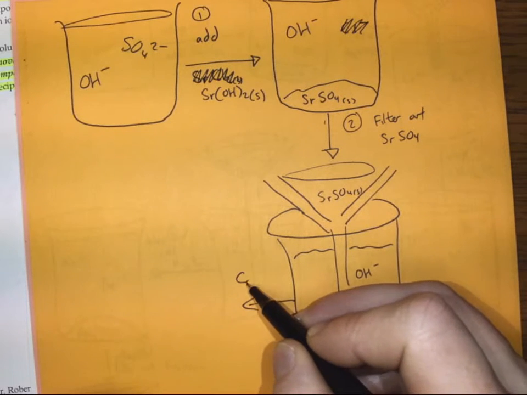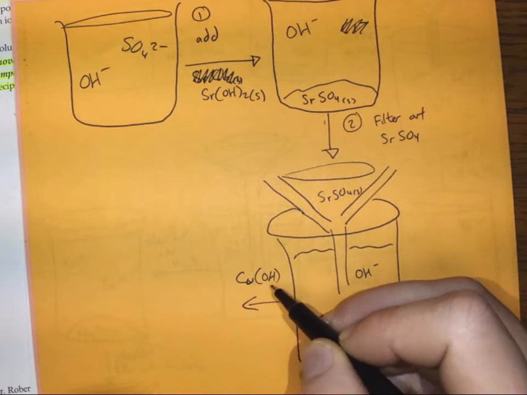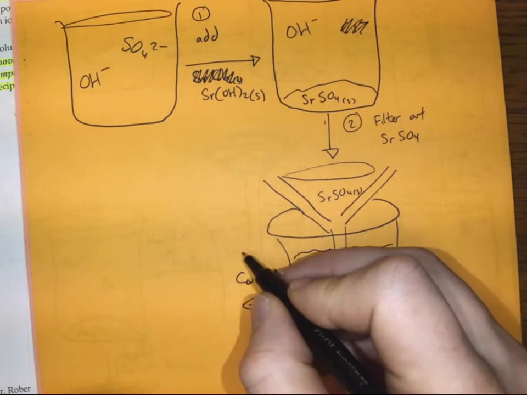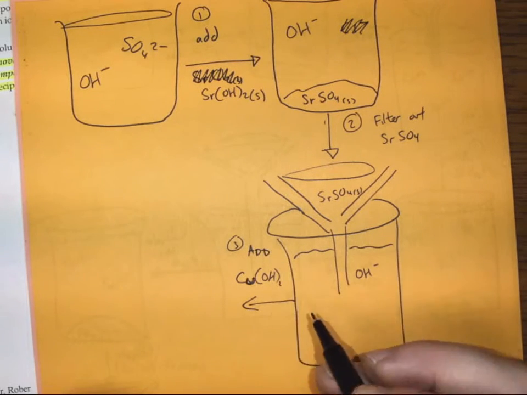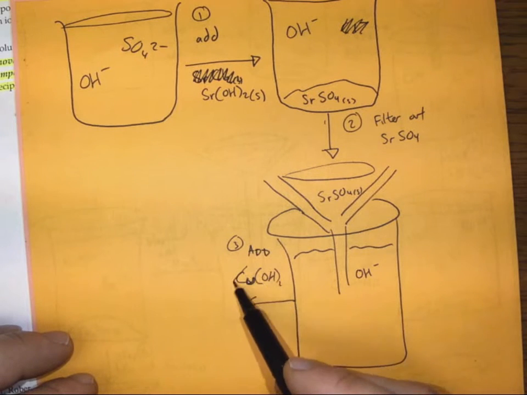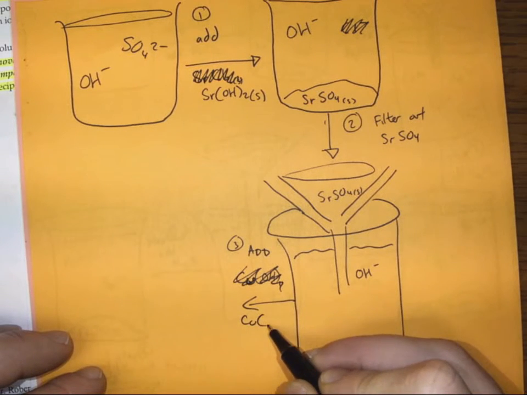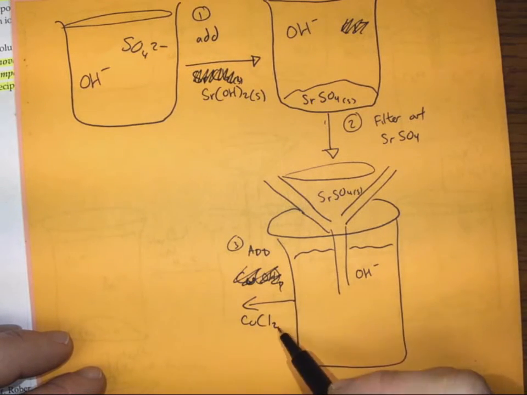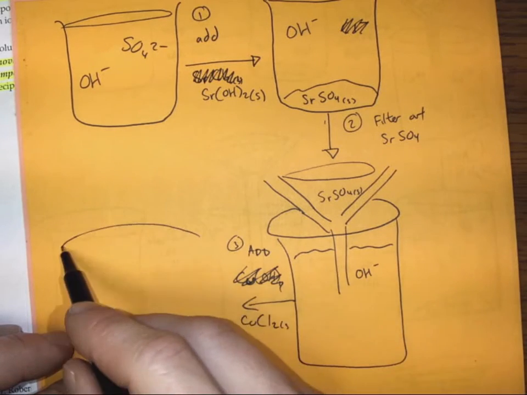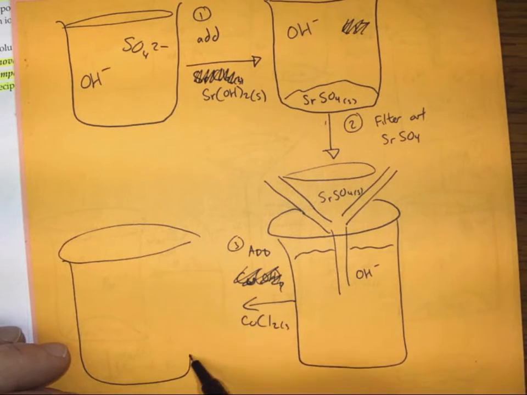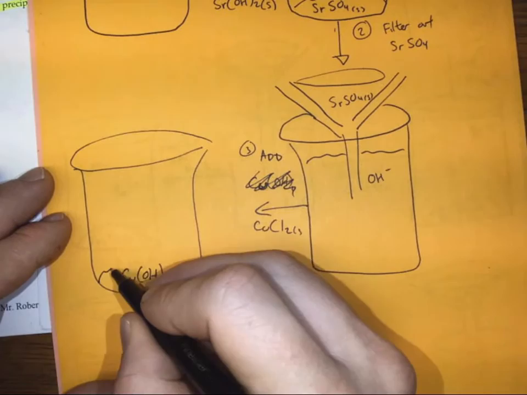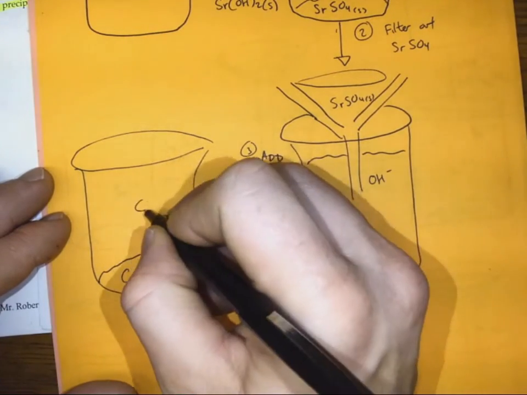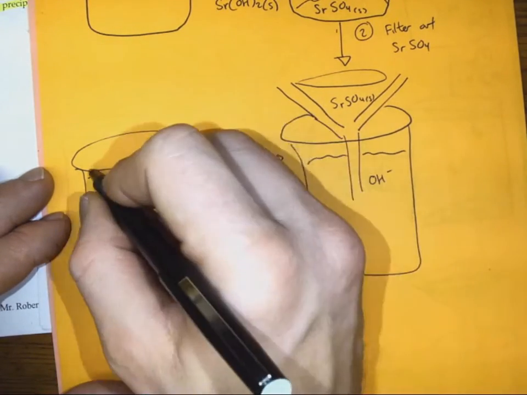So I'll add copper chloride, that's what we were saying. And that's going to form a copper hydroxide precipitate, and it's going to leave some chloride ions in the solution.